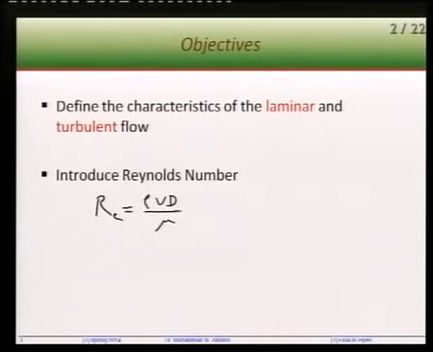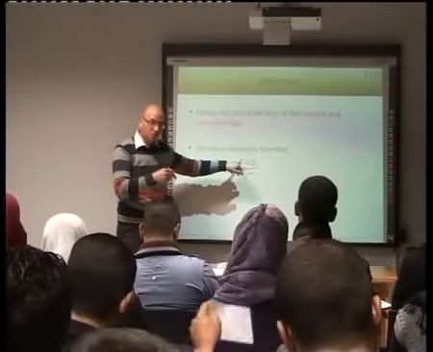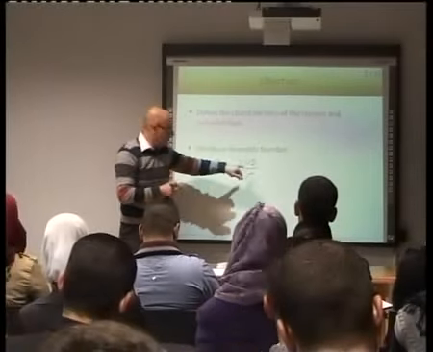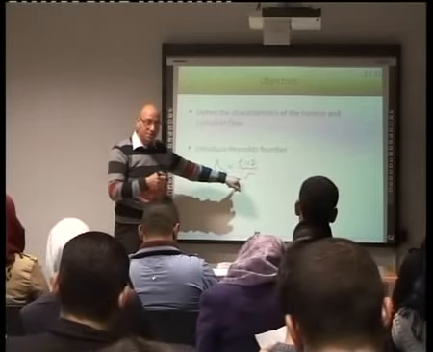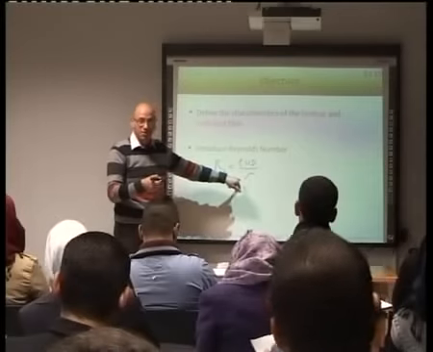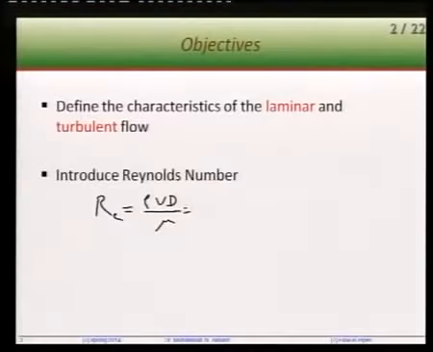Okay, now this is the Reynolds number: rho is the density of water, V is the average velocity, D is the diameter, and mu is the dynamic viscosity. Now there are two types of viscosities, or we can say kinematic viscosity, something like that.